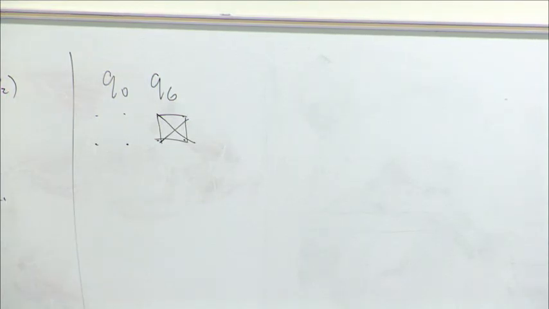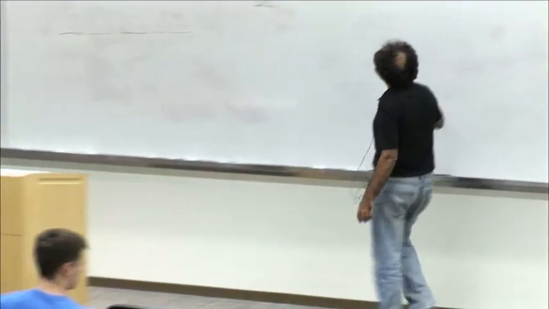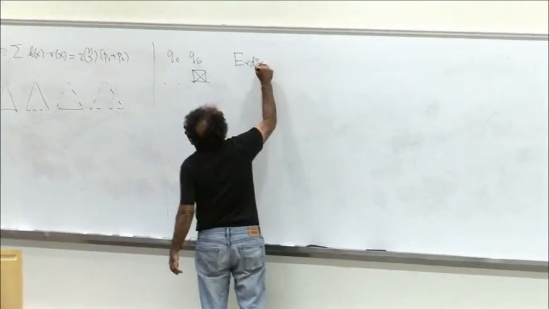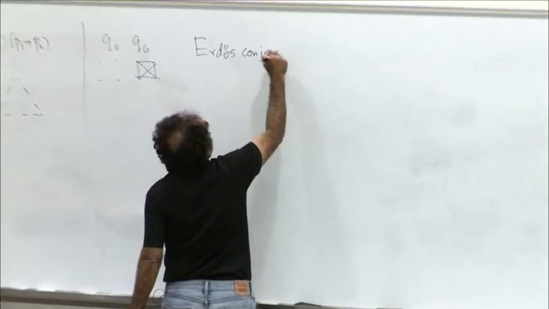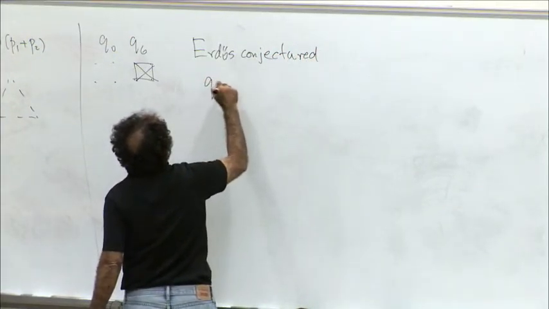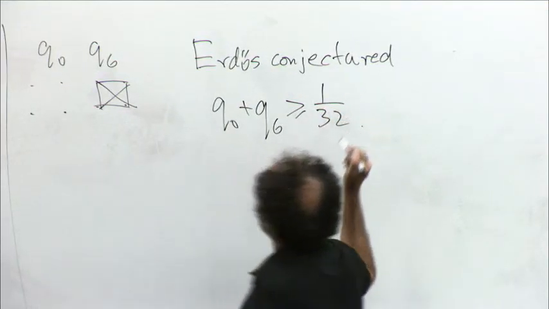So in view of what we saw here, and the fact that equality held exactly in G(n,1/2), this made Erdos conjecture that Q0 plus Q6 is at least 1 in 32.